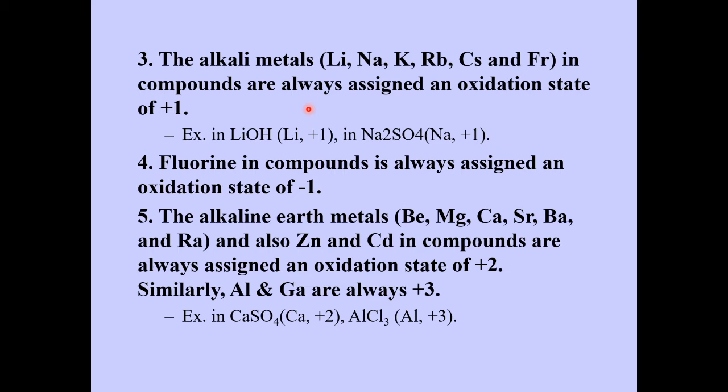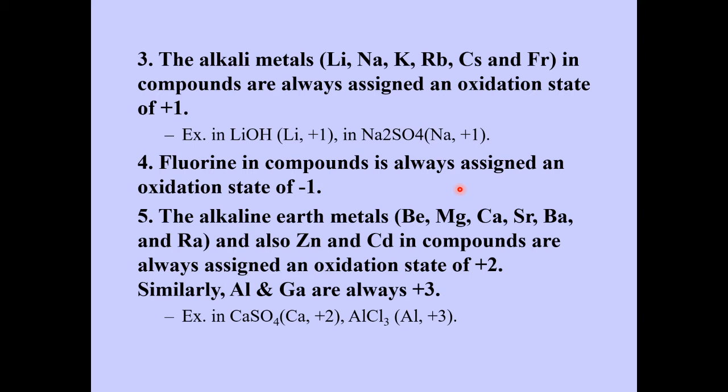They all have that one valence electron that they like to lose, so they all form +1 ions. Well, the rule for assigning oxidation numbers is basically the same. There will always be plus ones. So here we have lithium hydroxide. Lithium would be a +1. Here we have sodium sulfate. Sodium would be a +1. Very simple.